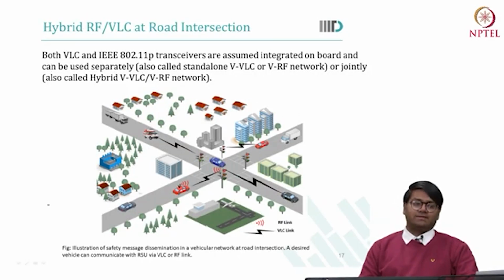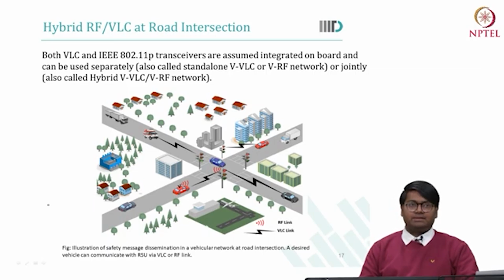Now we briefly discuss the potential benefit of employing hybrid VLC and RF at road intersection. Hybrid RF VLC is capable of significantly improving the safety at road intersection where frequent accidents often occur.